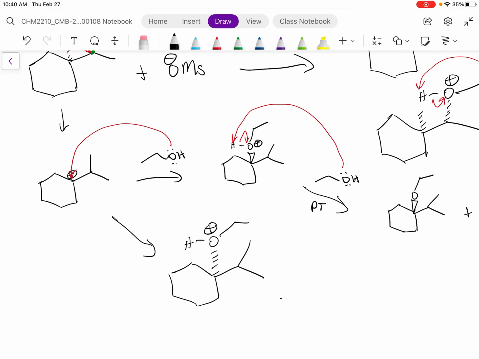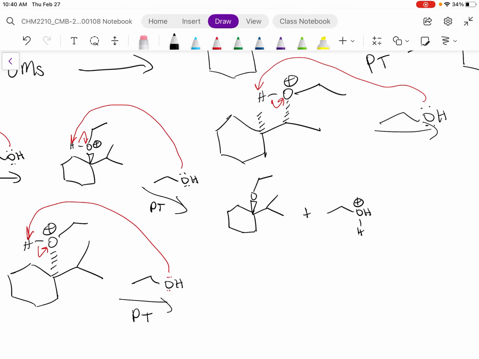Positively charged. We'll do a proton transfer step where the ethanol will come in and deprotonate that species to give us our product right there.